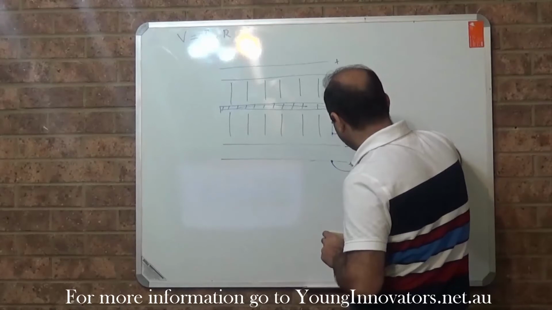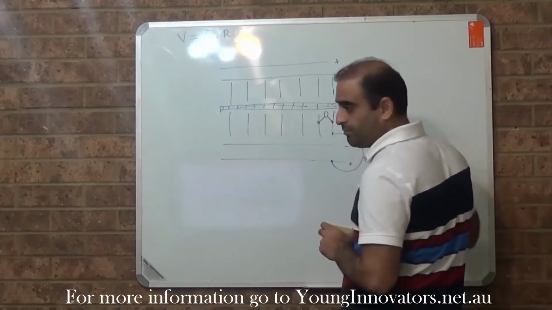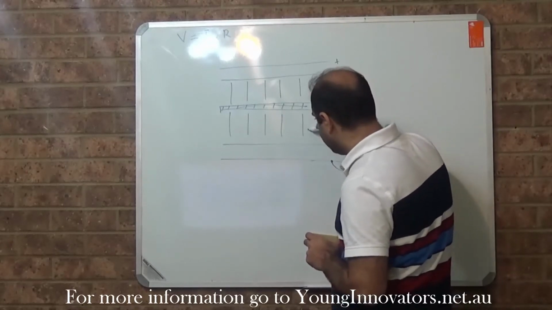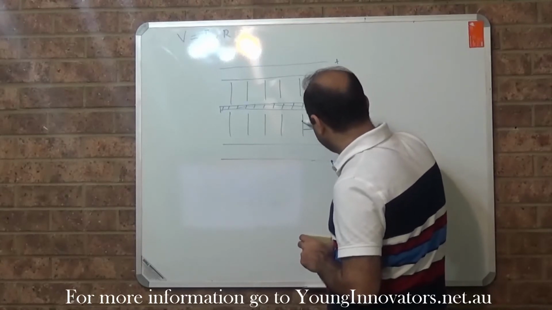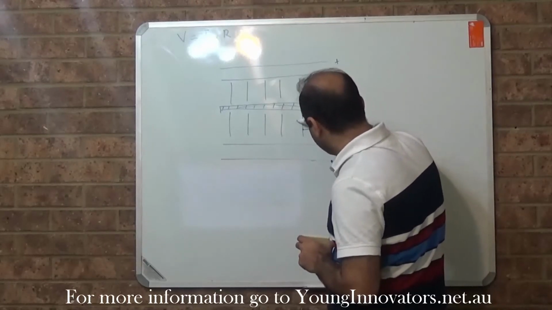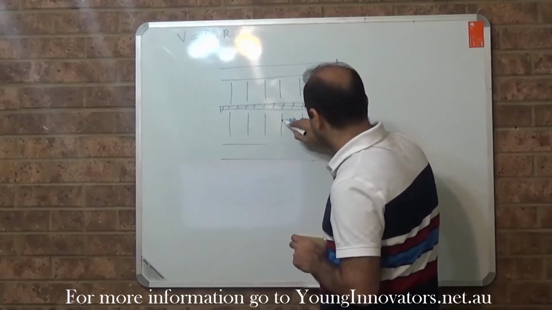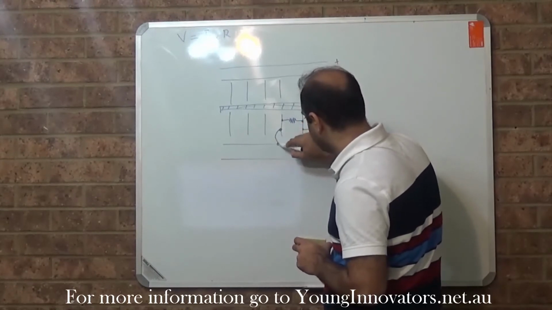You normally connect the LED to here. Then you connect this with this. You can connect a resistor from here, connect it here, and connect this one back to minus.